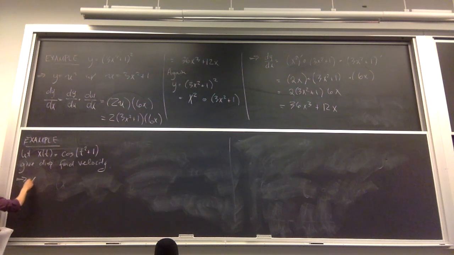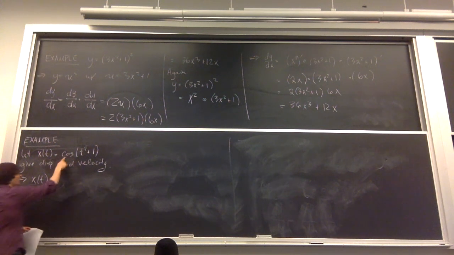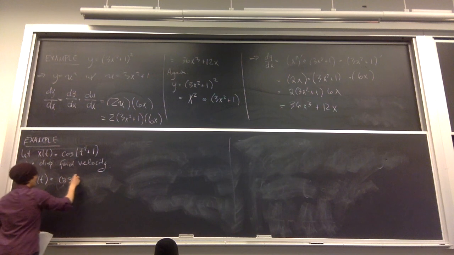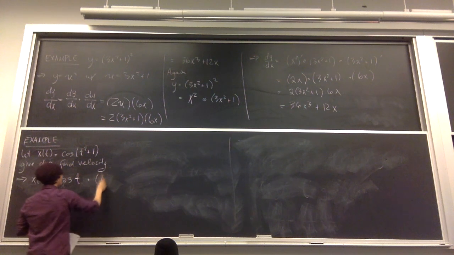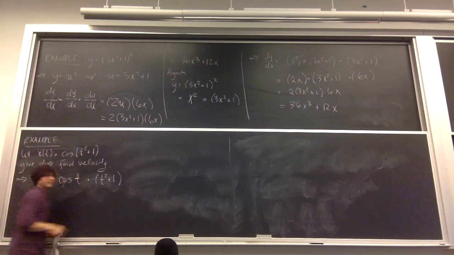So what composition is x of t comprised of? Who said cos? I'll award you 10 marks in your final. It's clearly cos of t composed with t squared plus 1.